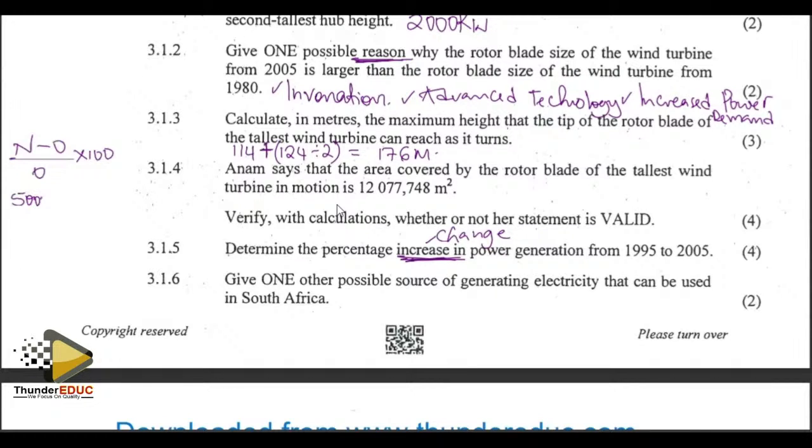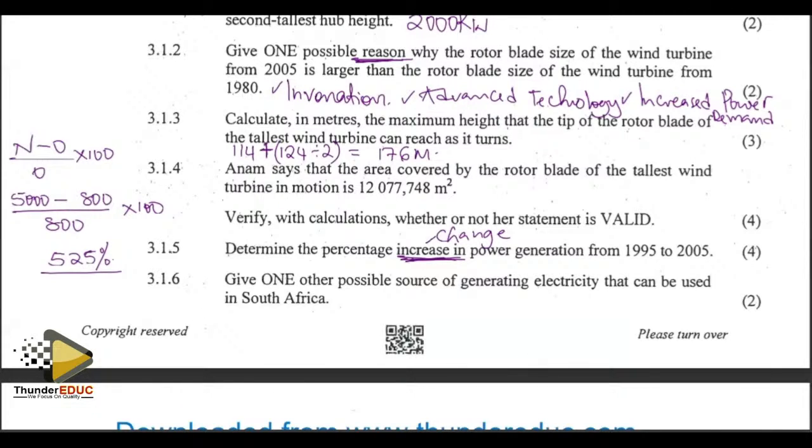In 1995, we have 800 kilowatts. So divide by that, and we multiply by 100. The answer became 525%. It has increased 5 times. Here we go.